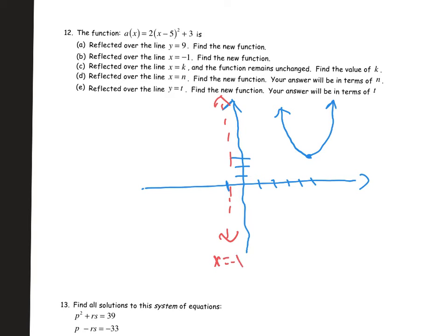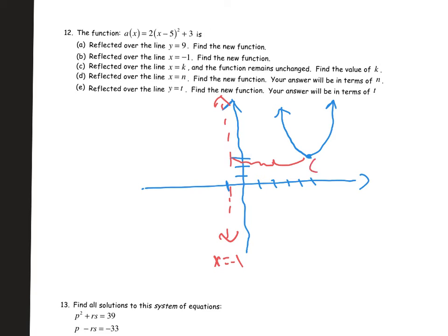So when we did x equals -1, what you had to notice is when I'm reflecting over that line, the vertex is going to be equidistant now to the left of what it was before. So here, to find what that distance is, I'm just finding this distance.